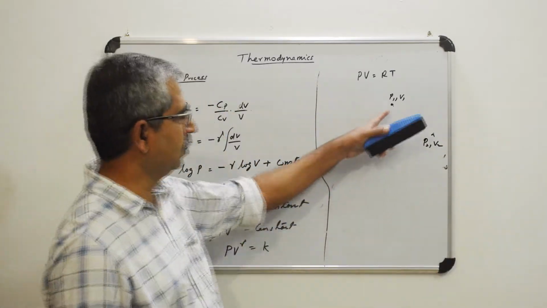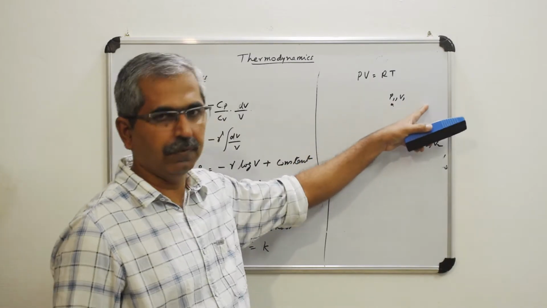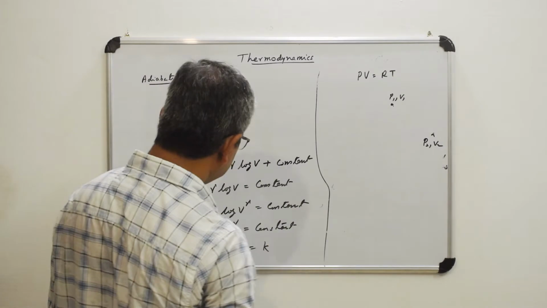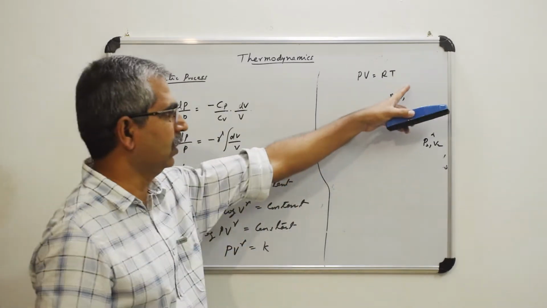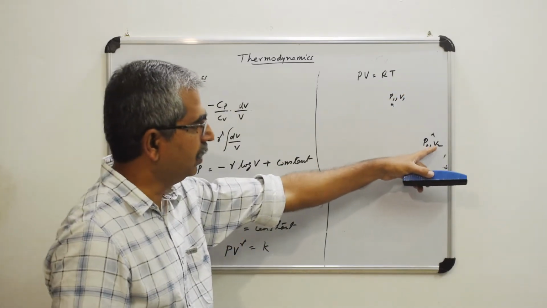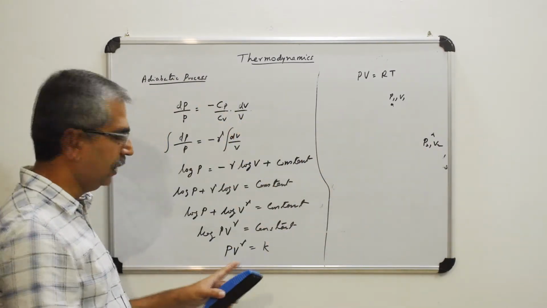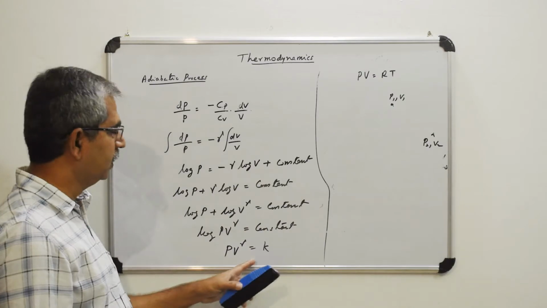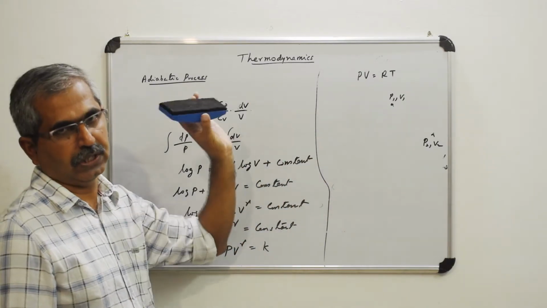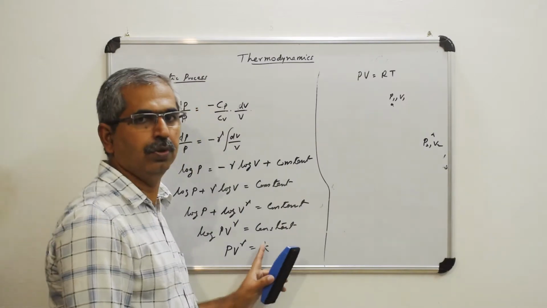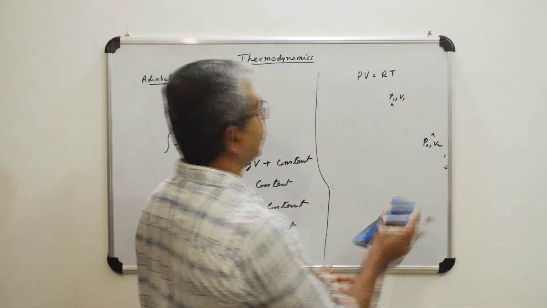Of course, the temperature also, you can write P1 V1 T1, P2 V2 T2. So during that process, at any point this particular situation will be satisfied: P1 V1 raised to gamma equal to P2 V2 raised to gamma.